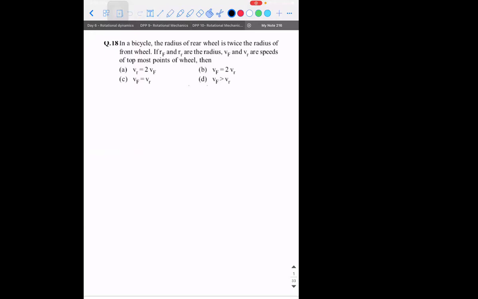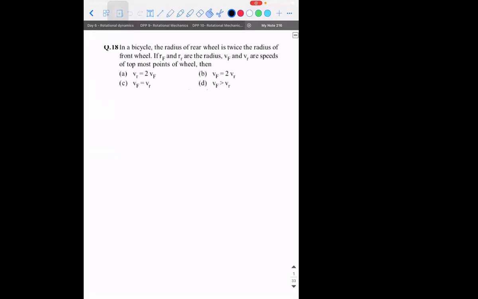So how to do this problem? What idea are you getting? Sir, the angular velocities are equal, so we can equate. So there is a bicycle wheel.